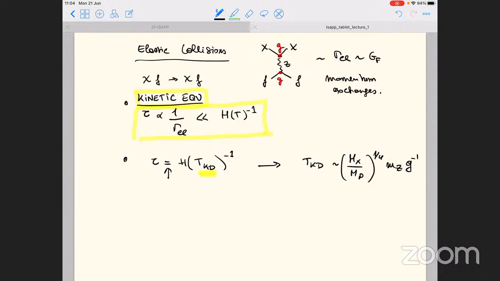So if you are considering a particle of the order of 100 GeV, actually, you end up with the temperature of kinetic decoupling which is of the order of few MeV. Let me put few MeV.